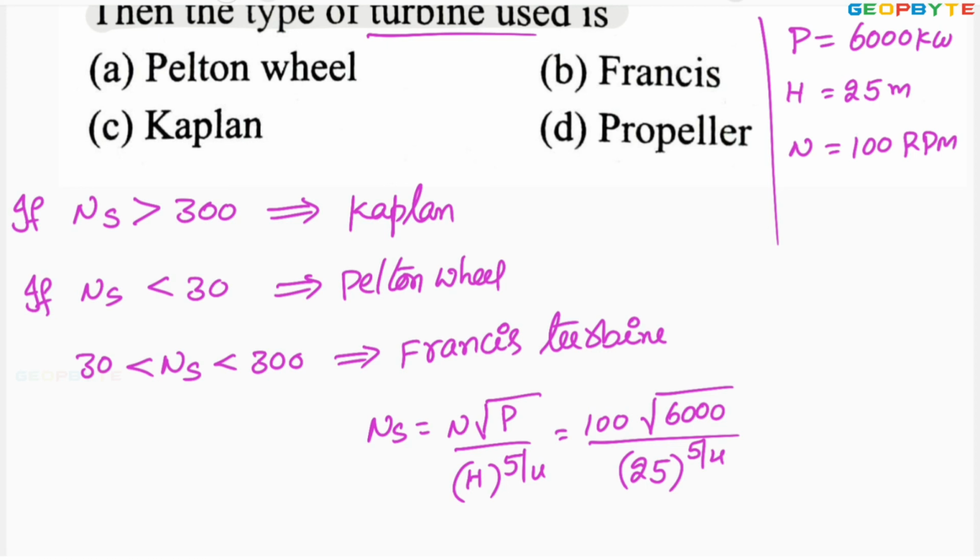Simplifying, we get approximately 138.56. So it is between 30 and 300. Therefore, the Francis turbine is the suitable turbine for the given data. I hope you got my point. Let us take one more problem.